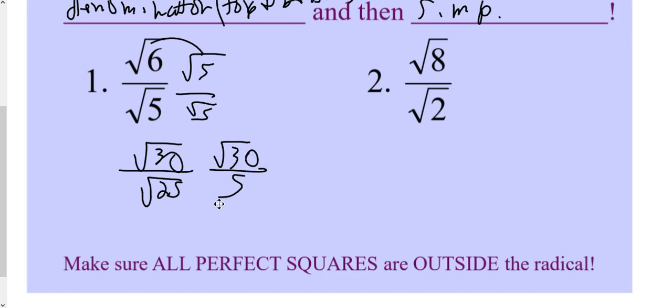Now, we cannot divide that 5 into the 30 because the 30 is under the radical. That's an inside number, and 5 is an outside number. So all we have to do is check 30 and see is there any perfect square that goes into it. And that would be like 25, 16, 9, and 4. And there is not. So we're finished.